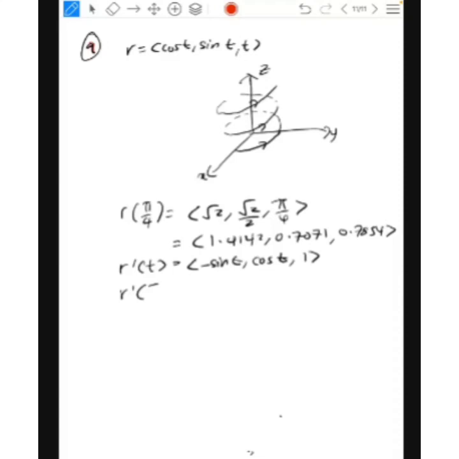Then R prime of pi over 4 will be, the sine from before at pi over 4 is negative 0.7071, cos is the same, 0.7071, and 1.